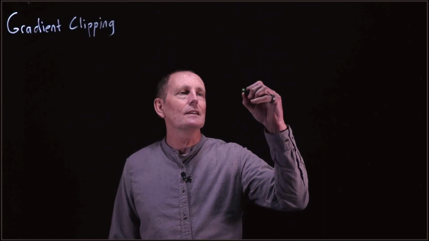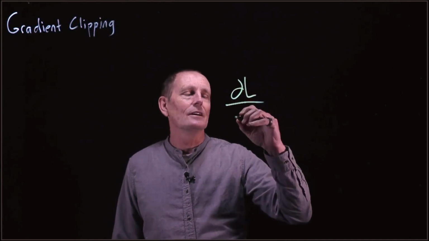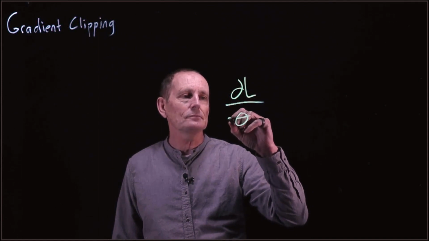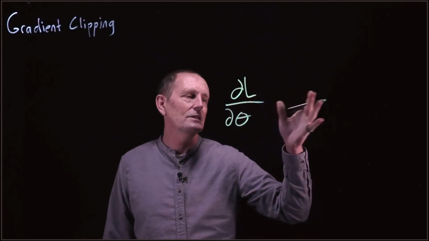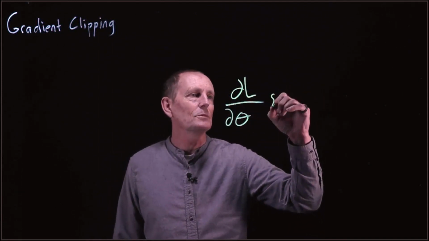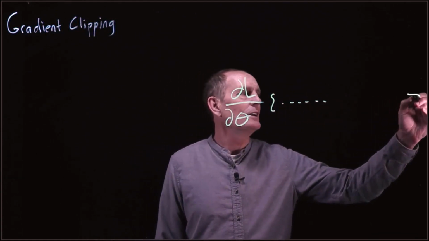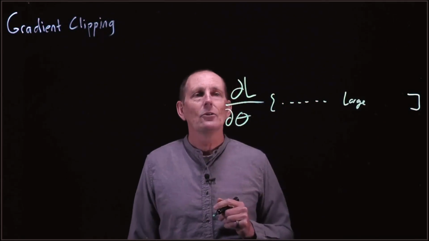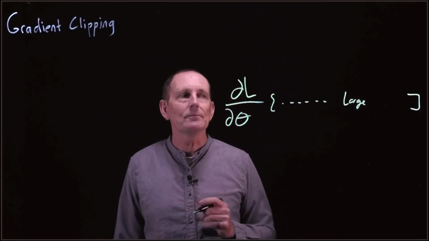Let's say you have your gradient with respect to some particular theta. This is a vector, right? We've got some values here, and let's say we've got some very large value. One thing we can do is clip it.